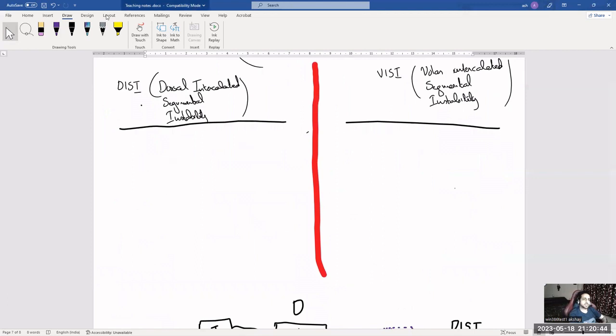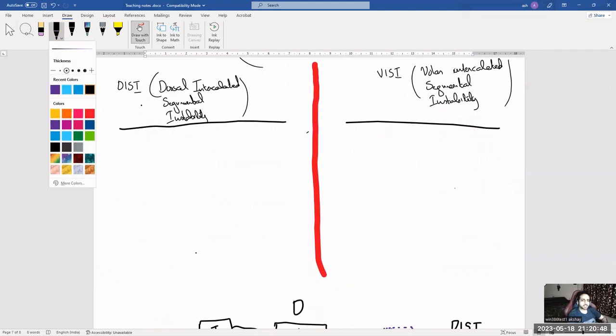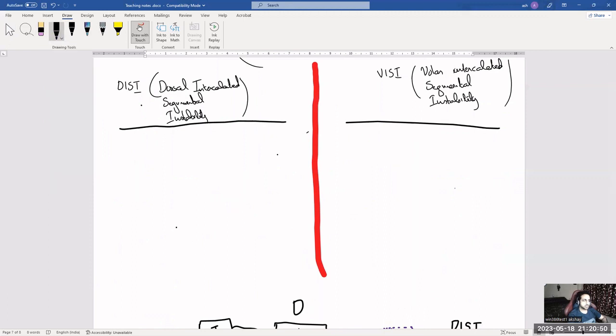In DISI, as I said, I'll draw the normal orientation of the carpal bones. This is the normal appearance.